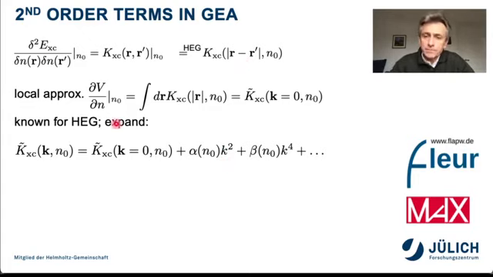And now you can look at the local approximation and go from real space to reciprocal space, and then you get in the local approximation a known form of this exchange correlation kernel for k equal 0 and a given density.